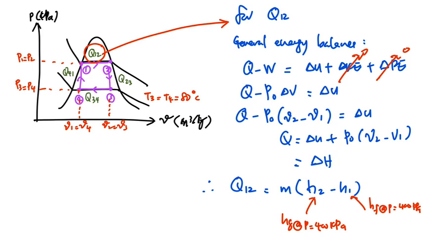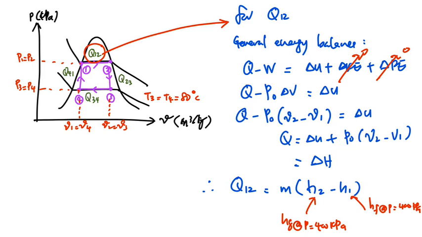Since the question stated that both kinetic and potential energies are negligible, we cancel delta KE and delta PE. The remaining formula will be Q minus W equal to delta U, and this W, or WB, can be represented by P naught delta V.